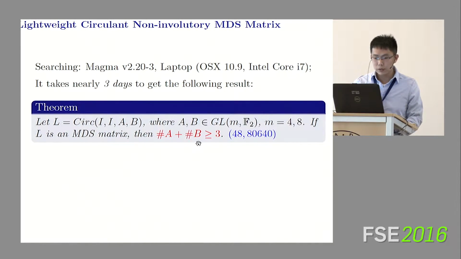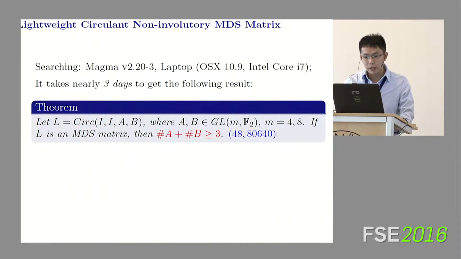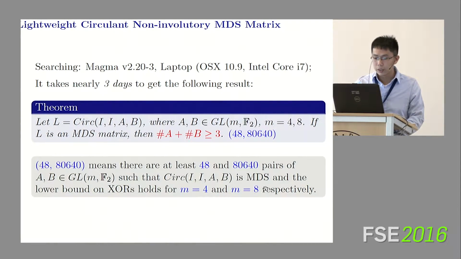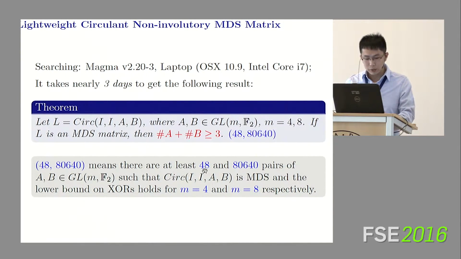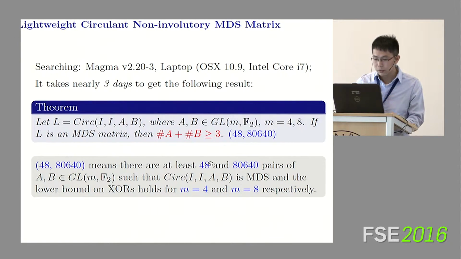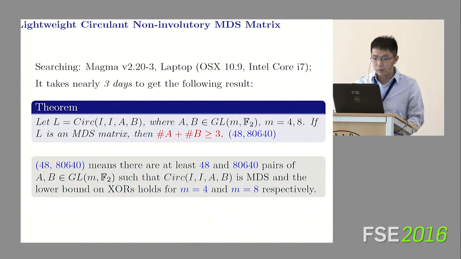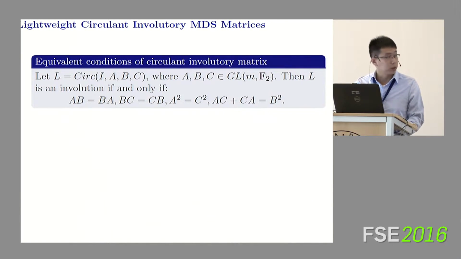This means if it is an MDS matrix, then either A or B should have XORs larger than or equal to 2. Then we get the lower bound is 3. And the blue numbers here mean that we found corresponding constructions achieving the lower bound when m equals 4 and 8 respectively.